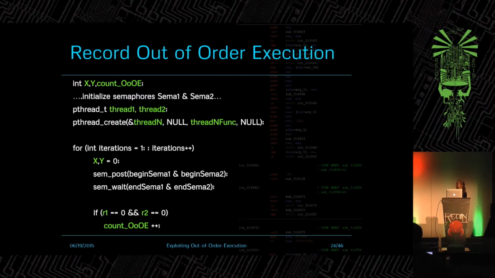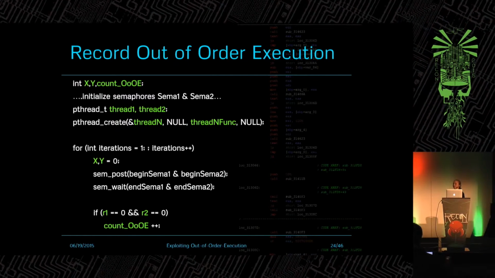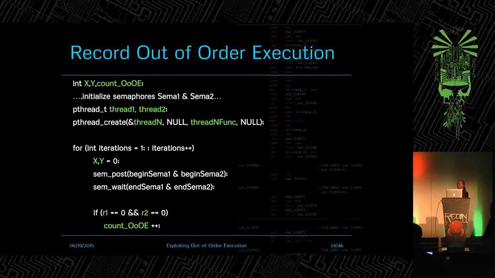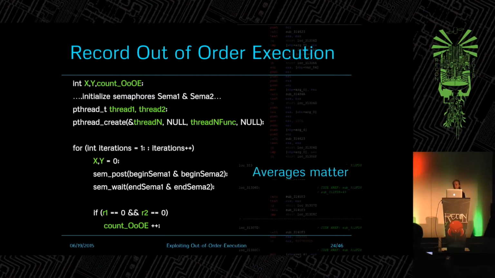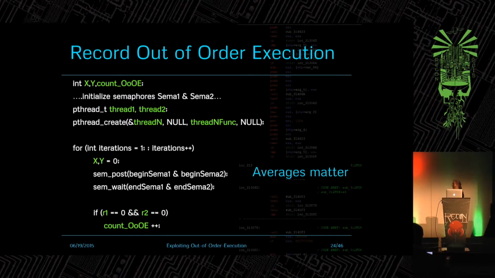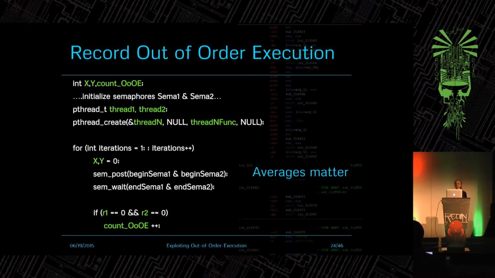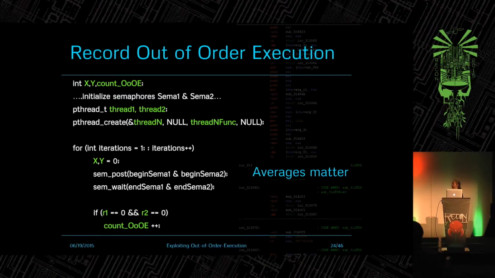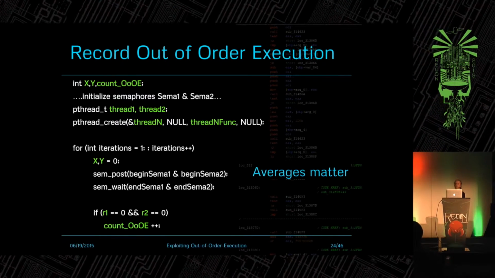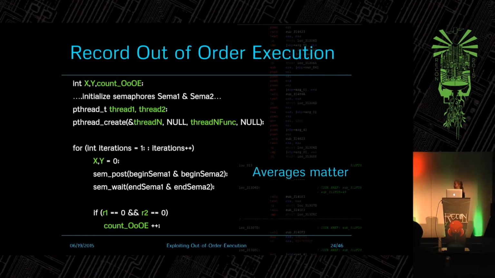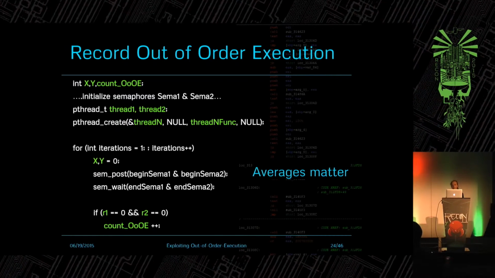And when we do this, we can actually get a count of the average number of out-of-order executions received in a specific time frame. And that's great for us because averages matter. We can take these averages in a specific time frame and learn what an expected average should be and what an anomalous one would be.